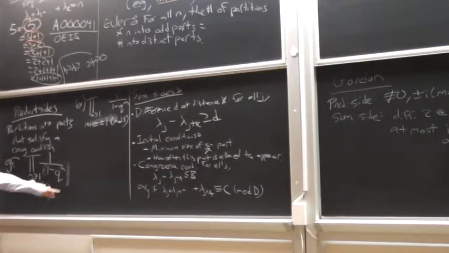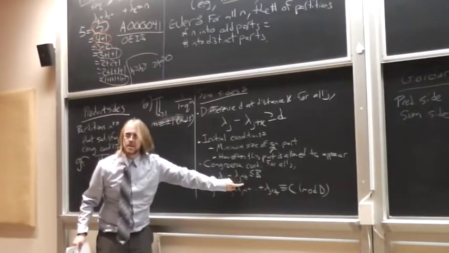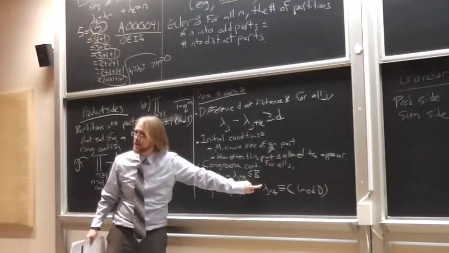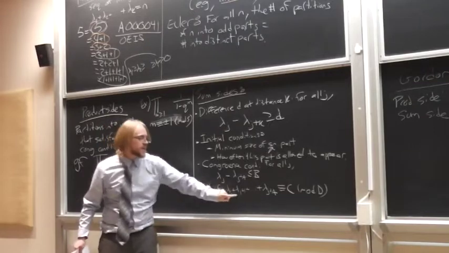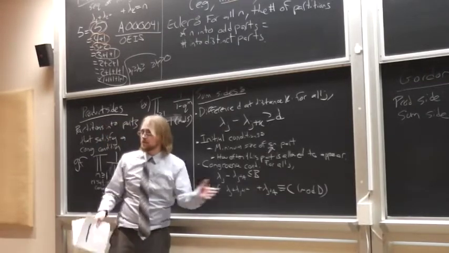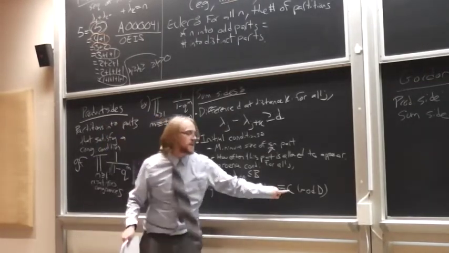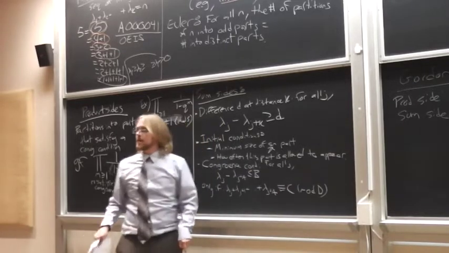So if two parts at some distance are close enough together, then their sum, along with all of the parts in between, has to be congruent to something mod something.